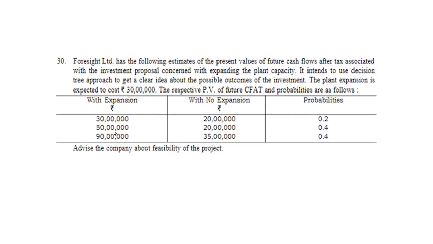Chances of getting 50 lakhs, probability 40%, 0.4. Chances of getting 90 lakhs, again the probability is 40%. The total of probabilities is always 100%, that is 1: 0.2 plus 0.4 plus 0.4.